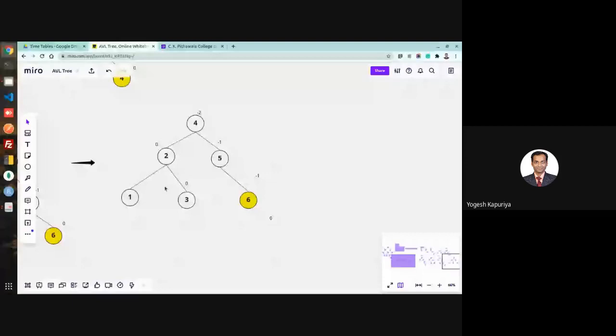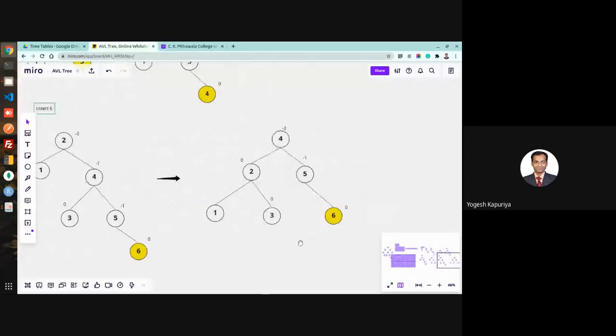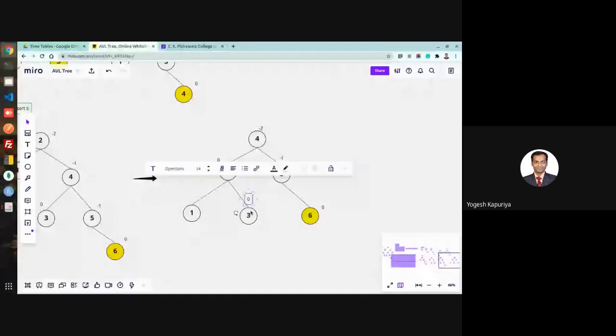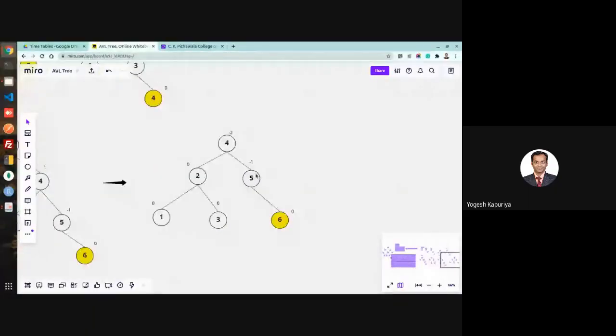So again compute the balance factor. Remember, right is minus 1, and here left is 2 and right is 2, so it is 0. So again, this is an AVL tree.